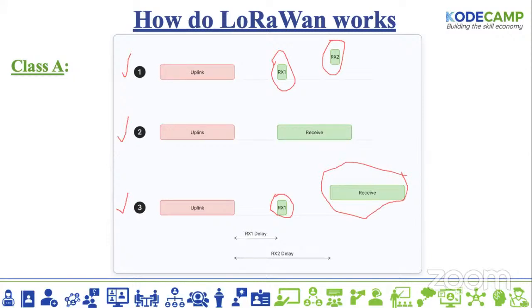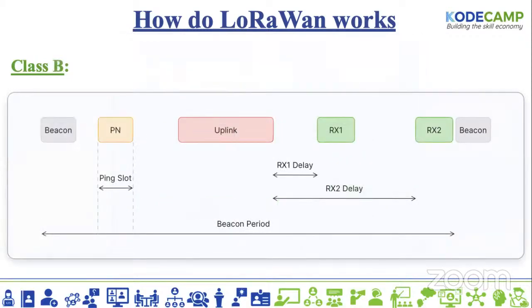class A. So now moving down to class B device. Let's talk about how class B device works. Class B devices are not that complex, or maybe they're different from class A anyway.